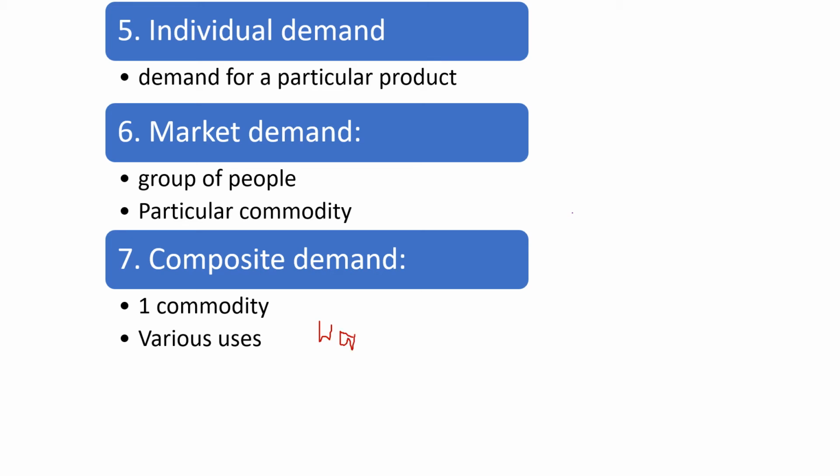It is helpful to wash clothes, it is helpful to drink, it is helpful for cleaning, etc. There are a number of uses with water, electricity, etc. So, composite demand is a demand where one commodity has alternative uses.